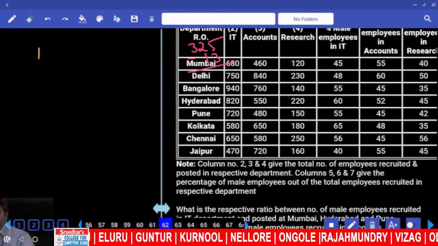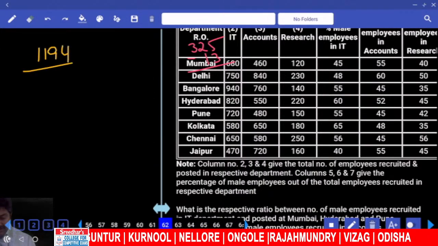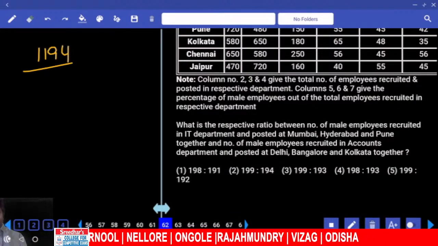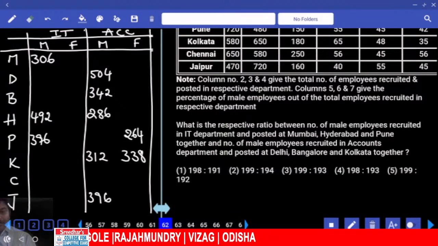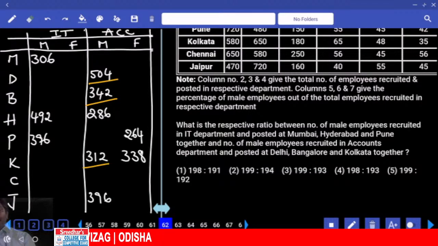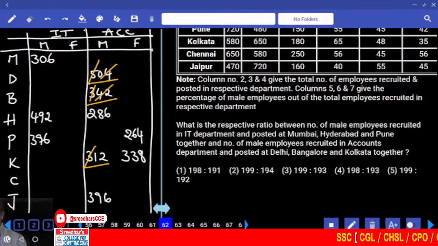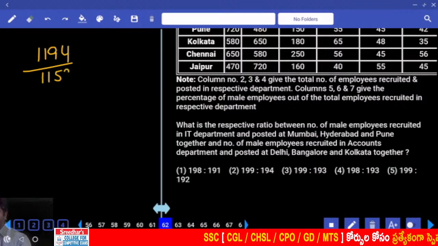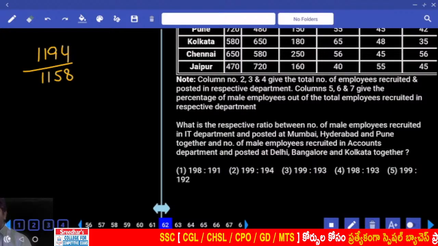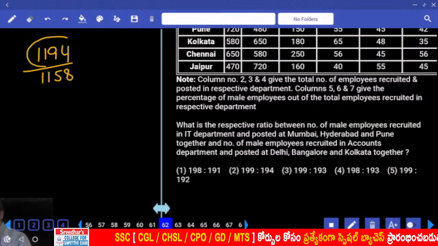Total 11 divided by the big number. Next is Delhi, Bangalore, Kolkata. 500, 300, 300, 1100. 4 plus 42, 46. 46 plus 12, 58. 1158.